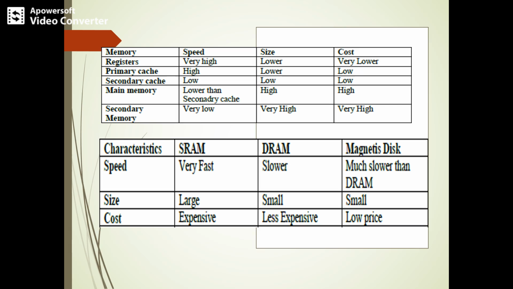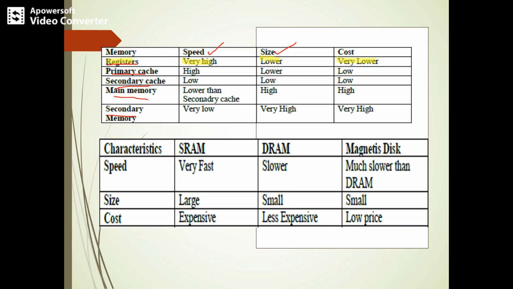In the diagram, we can observe different memory units like registers, primary cache, secondary cache, main memory as well as secondary memory. We have listed in the table three different parameters: speed, size as well as cost. If I am considering the register, the speed of operation will be very high, but the size is very small and cost wise it is less.